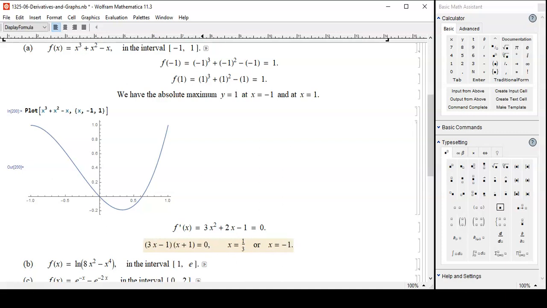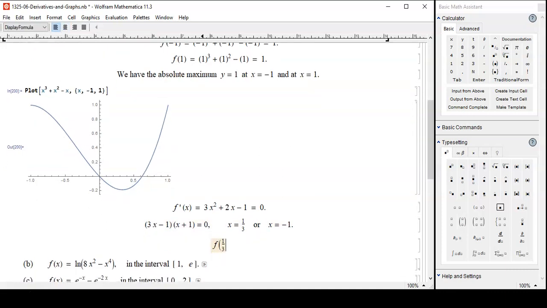Which one do you think is the necessary one? Look at the picture. Graphs are important. Clearly, x equals 1/3 is the one you're looking for, right? Right here. So we want absolute minimum at x equals 1/3.